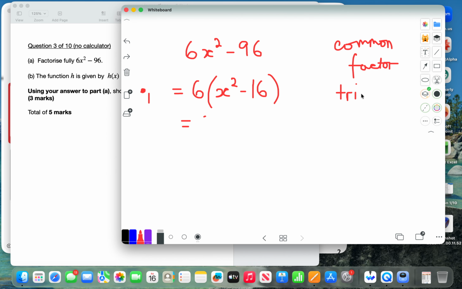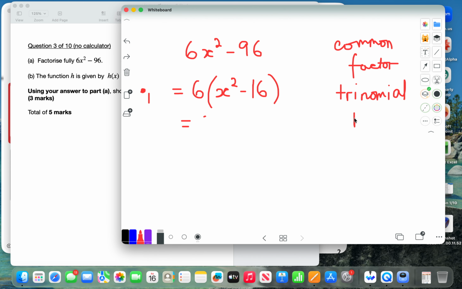And the idea is a trinomial has 3 terms: a term in x squared, a term in x, and a term without x. So for example, 2x squared plus 5x minus 9. But we don't have that because we don't have a term in just x. So we don't have a trinomial.